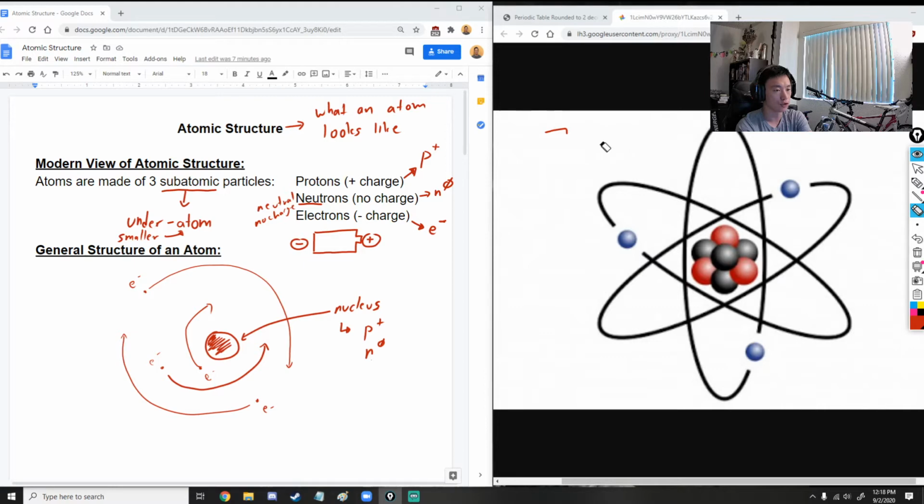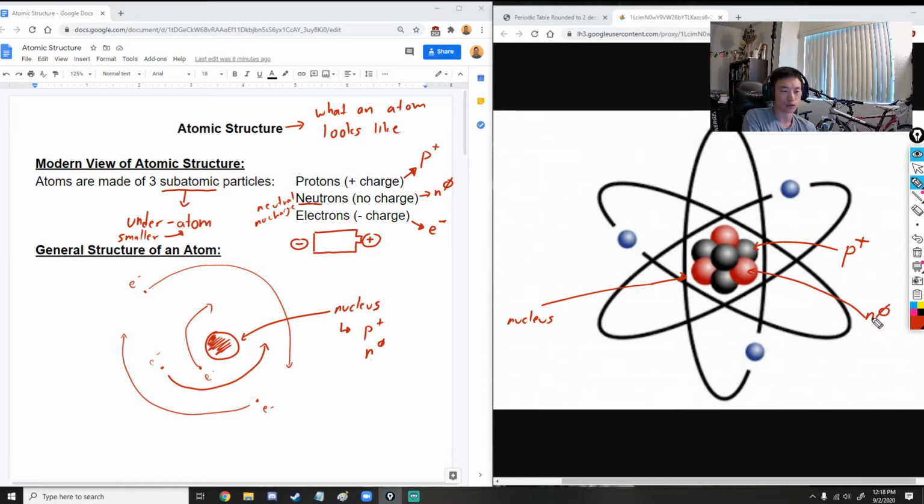Okay, so hopefully you were able to identify where the subatomic particles are. If you look at this picture, in the very middle we have the nucleus. Let's just say that the black balls right here are the protons, the positive ones, and the red ones are neutrons. It doesn't matter which color you put them on.